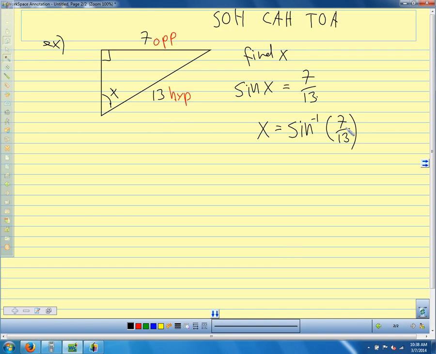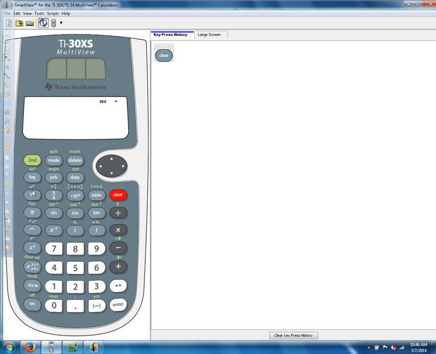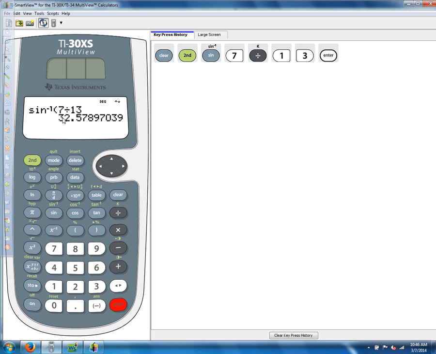And I'm just going to plug this into my calculator just like this. So here's my calculator. Inverse sine is right here, the shifted button above sine. So inverse sine of 7 divided by 13. Enter. And that tells me that angle is about 32.58 degrees.